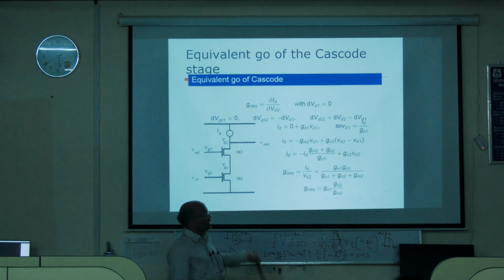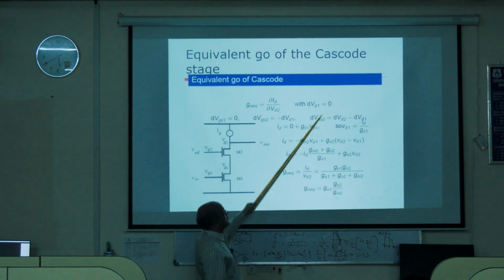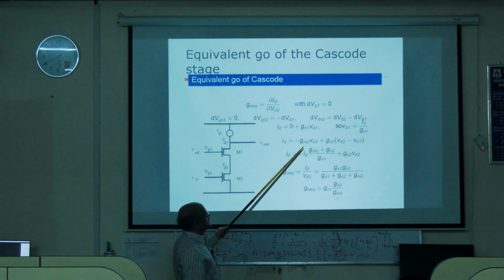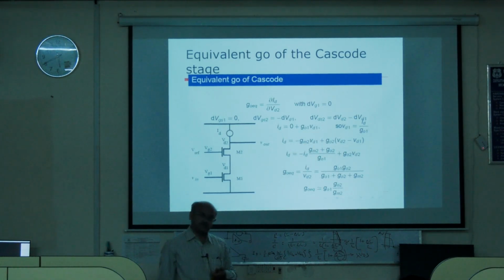So minus Gm2 times this expression here. This is VGS2, right? VGS2 is VG2 minus VS2, and VG2 is all the time 0.